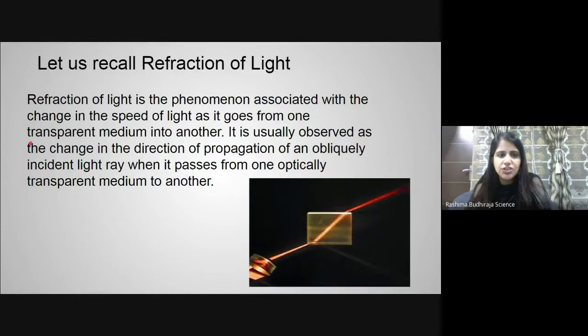It is usually observed as the change in the direction of propagation of an obliquely incident light ray when it passes from one optically transparent medium to another. Children, when we are going to talk about lenses, lenses also undergo refraction of light. And how lenses work and how they refract light, we are going to understand in this video.